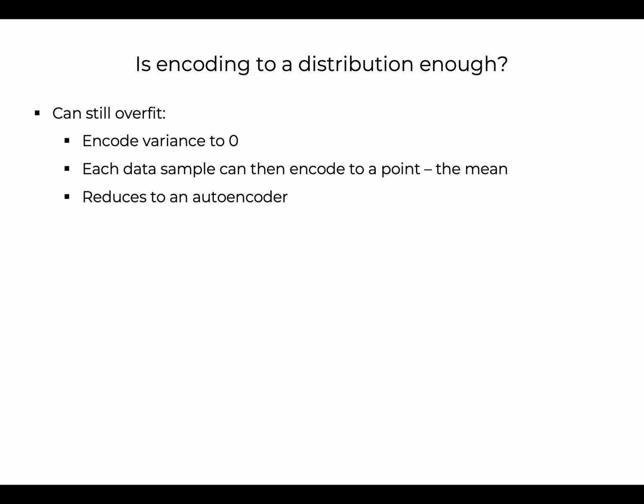That reduces each data sample to a point. So essentially, the mean just becomes what we had as z before. We just encode each data sample to a mean, and then it's just reduced to an autoencoder. There's no variance around this mean. So to ensure a well-organized, regular latent space, we need to introduce some additional regularization.